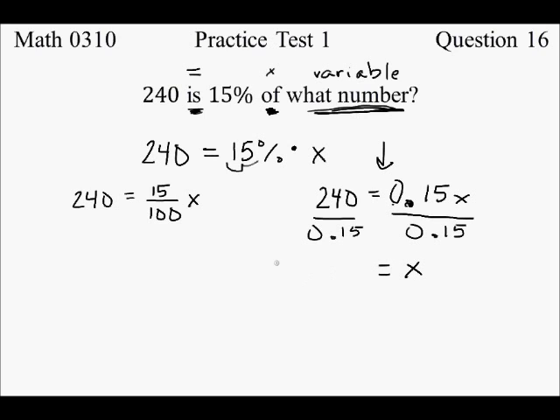And 240 divided by 0.15, you're welcome to do that in the calculator or by hand if you'd like. That is going to give us 1600 when we do that division. So here we have x equals 1600. So 240 is 15% of the number 1600 is our answer, and that is answer choice D.